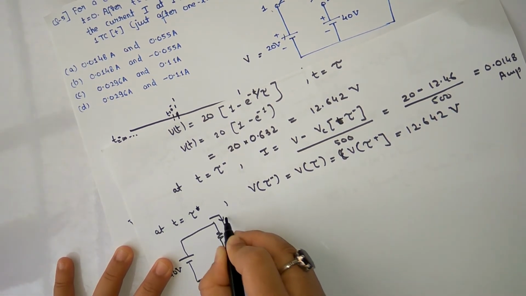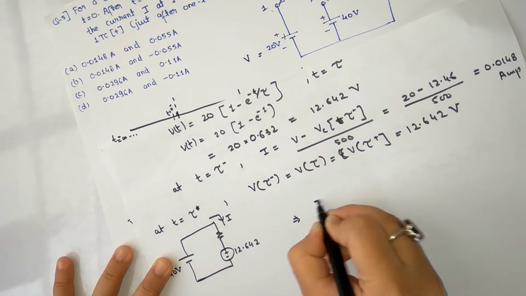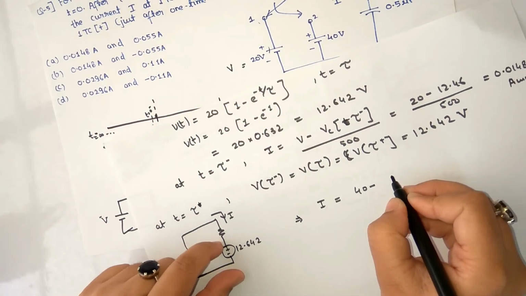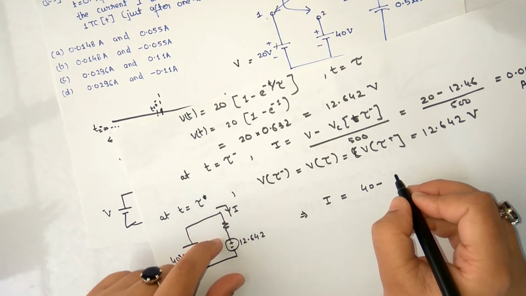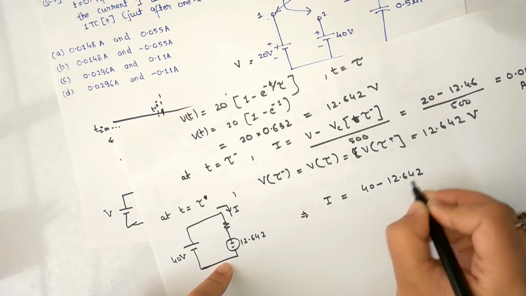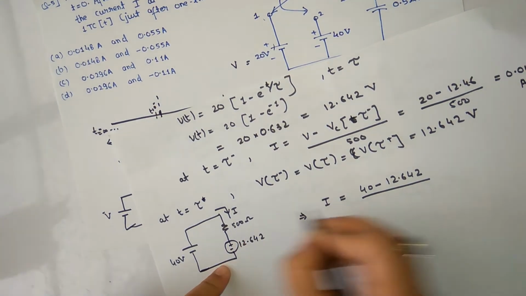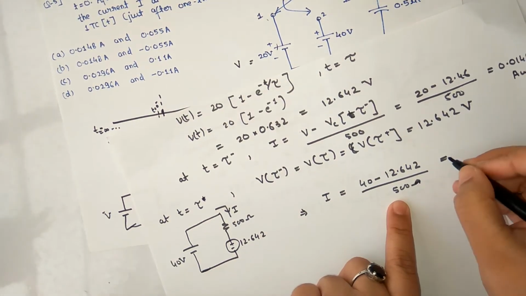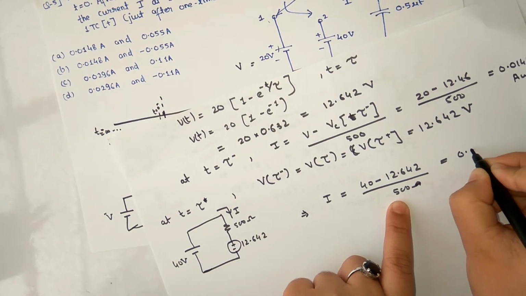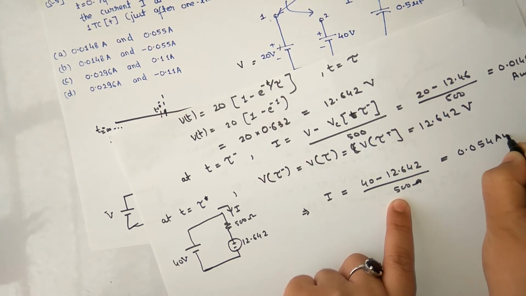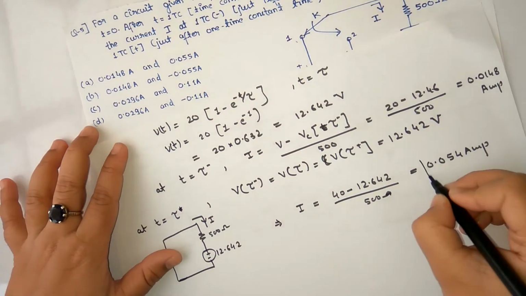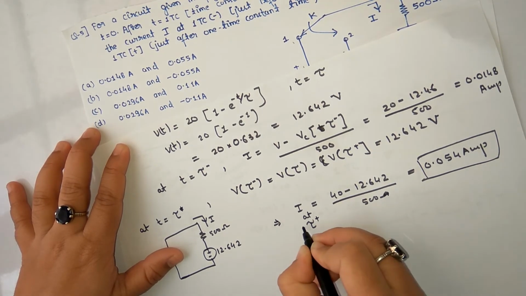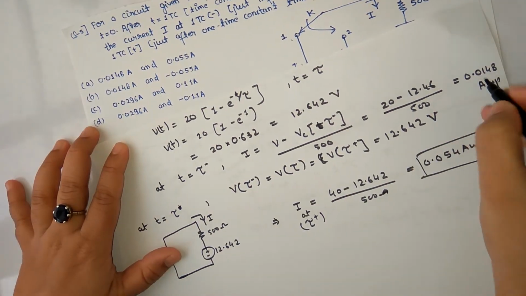What we need to find is this current I. The current I will be 40 minus 12.642, divided by the resistance of 500 ohms, which is approximately 0.054 ampere.